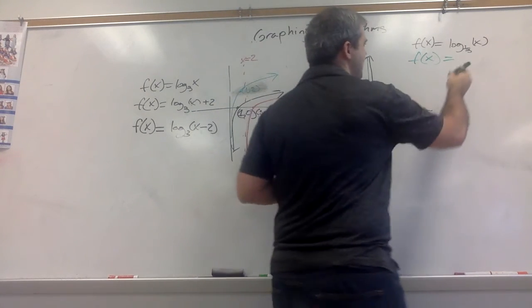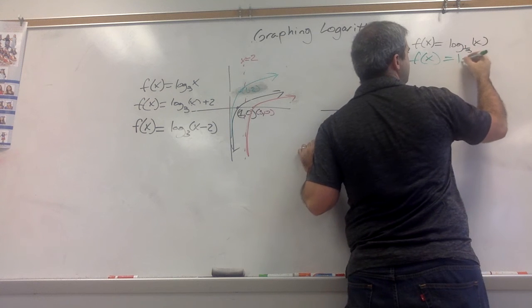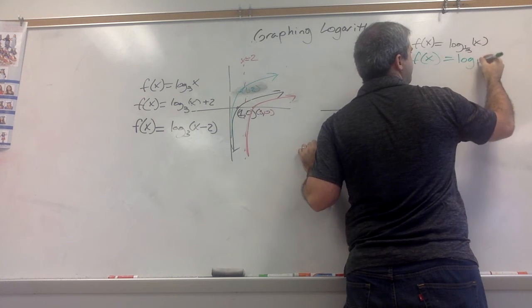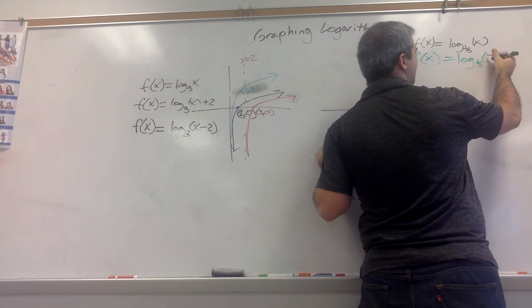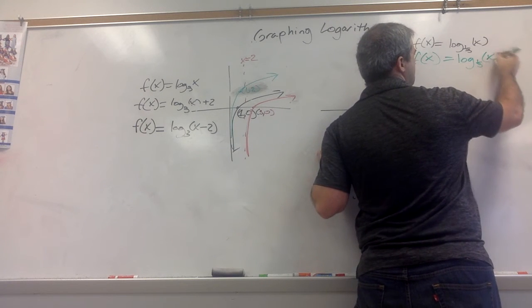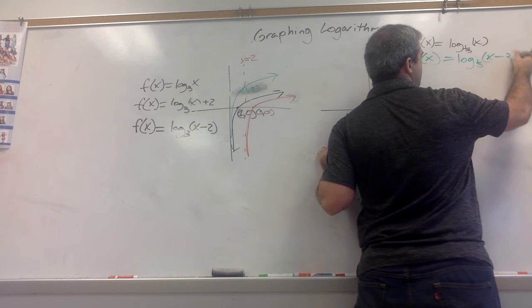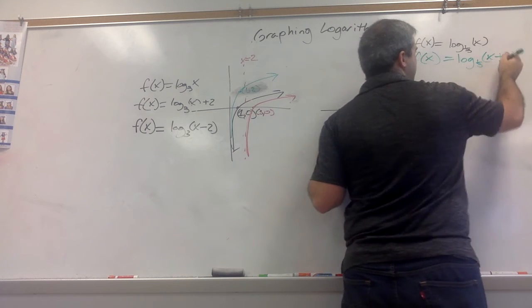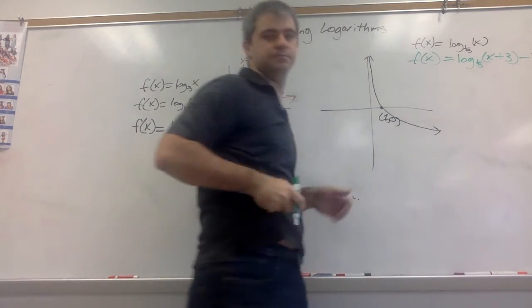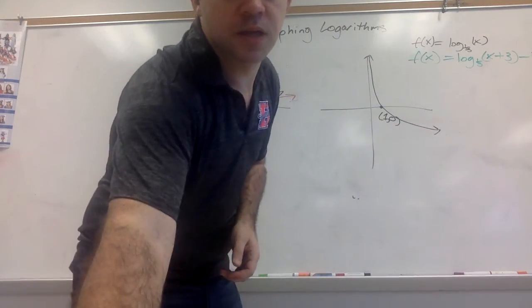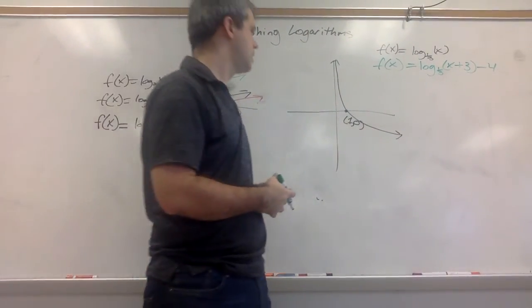But let's take this guy. We'll do a couple things. Let's take this guy and do minus 3. Actually, we'll do plus 3, minus 4. All right. Cut off just a little bit.